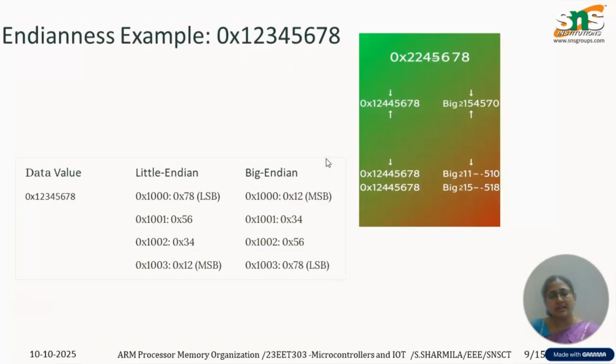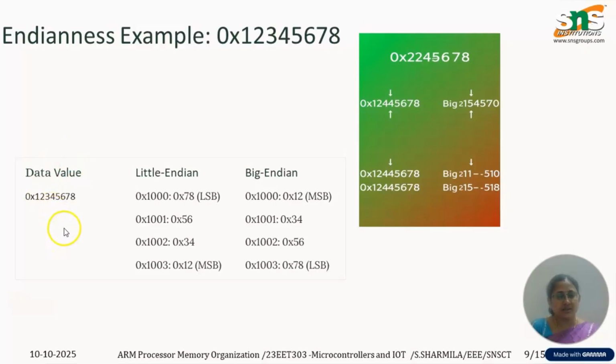Now let's see an endianness example. Here is a concrete data value, 0x12345678. Little endian stores the least significant byte first, that is 78, at the first address, 0x1000, and big endian stores 0x12, the MSB, first.